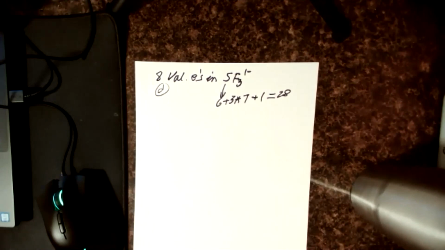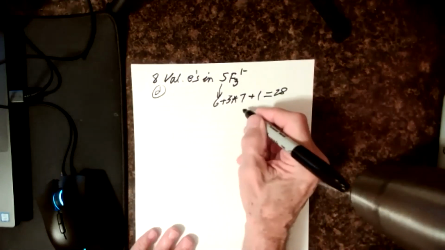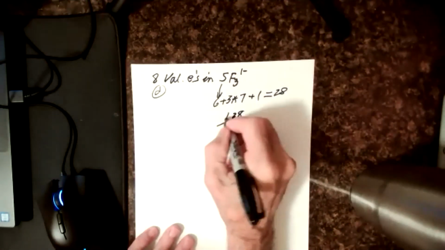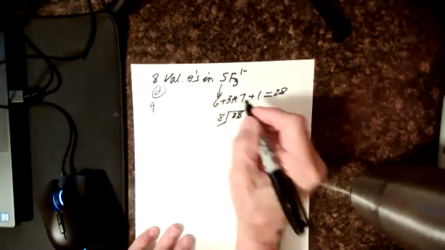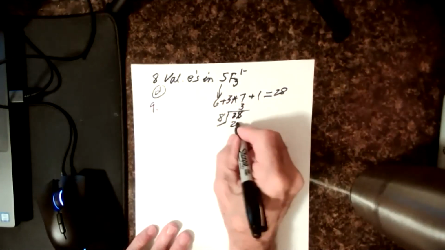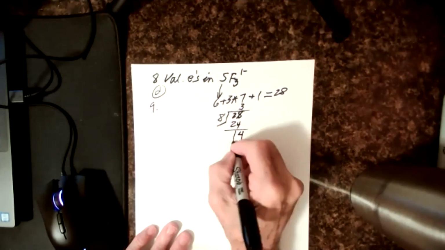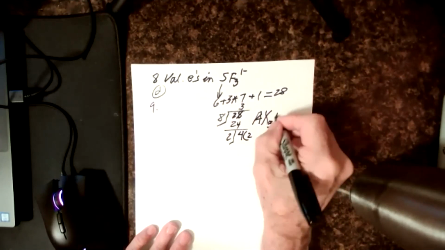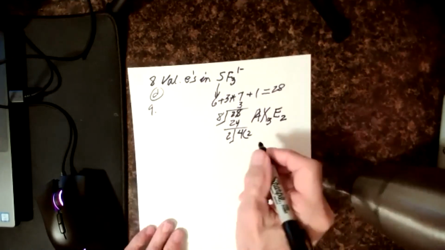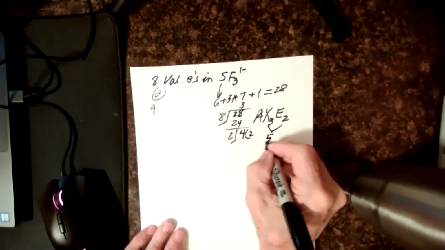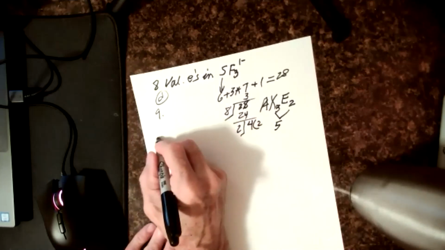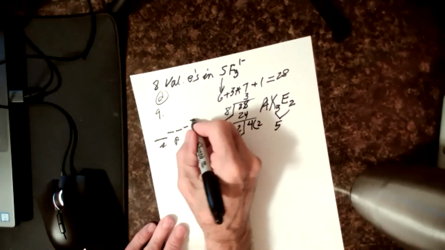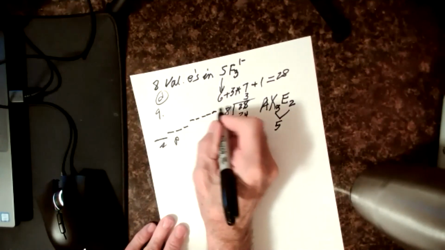What is the hybridization of sulfur in that molecule? Okay, well, I've got to go ahead and do my math. We had 28 divided by 8. This is number 9. And that would be 3 and 24. And the remainder is 4. Divided by 2 is 2. It's an AX3E2 type. So the total of them is 5. And to get hybridization, I'm going to do S, 1, 2, 3 for P, and D, 1, 2, 3, 4, 5 D orbitals.